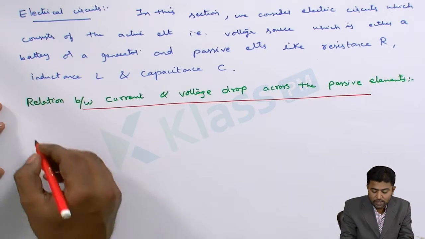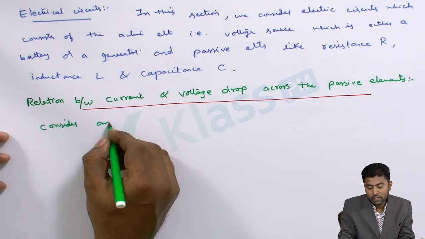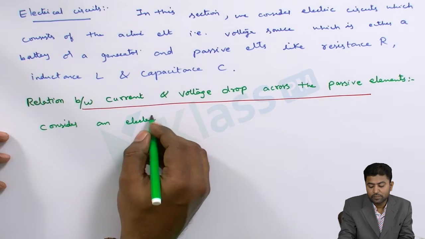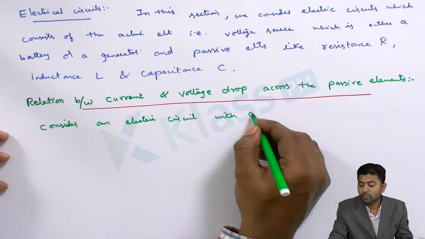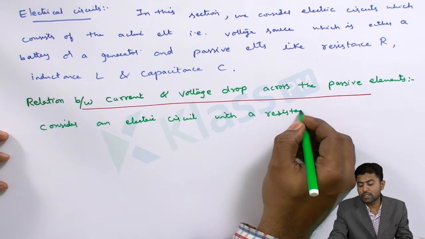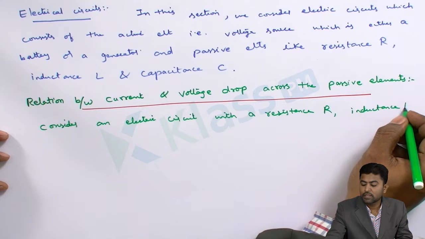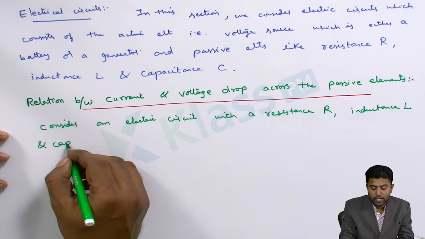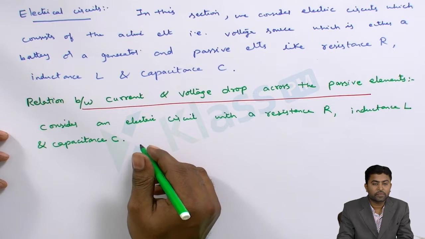Okay, so consider an electric circuit with a resistance R, inductance L and capacitance C.